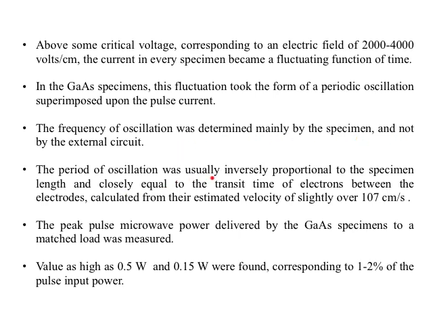The period was inversely proportional to the specimen length and closely equal to the transit time of electrons between the electrodes, calculated from their estimated velocity of slightly over 10^7 centimeter per second. The peak pulse microwave power delivered to the matched load was 0.5 watt and 0.15 watt, corresponding to 1 to 2% of the pulse input power.